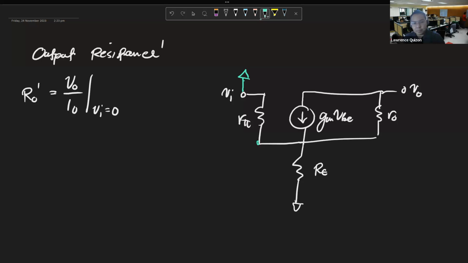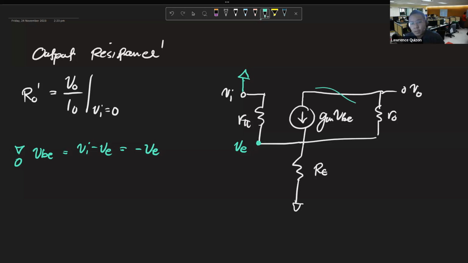So I'll call this VE. First thing we observe here is VBE is V in minus VE for the general circuit. But since V in is 0, it's now negative VE.